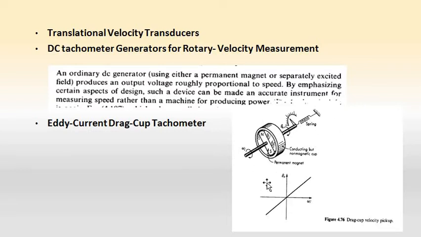These eddy currents interact with the magnetic field to produce torque on the cup in proportion to the velocity of the magnet.